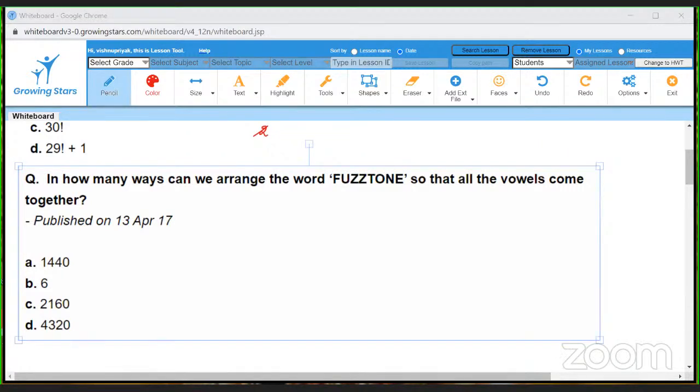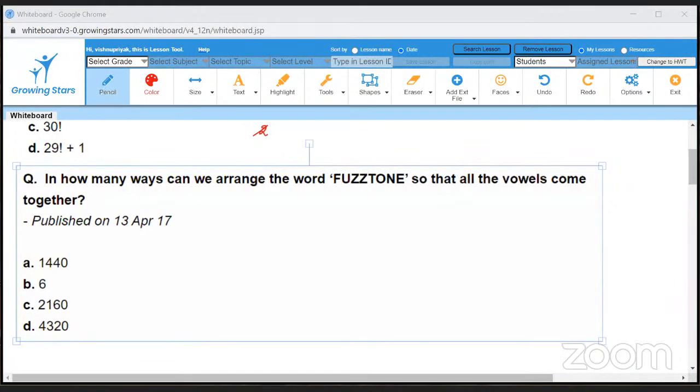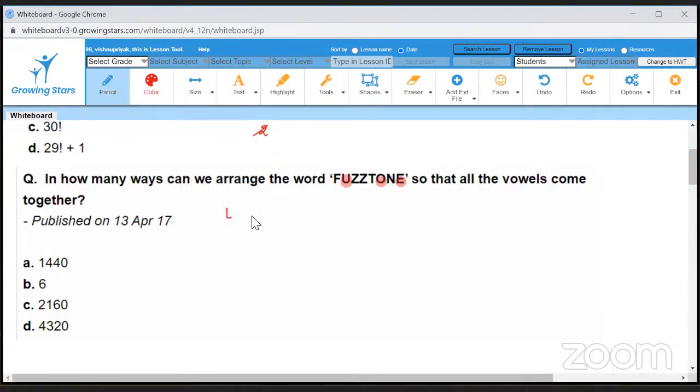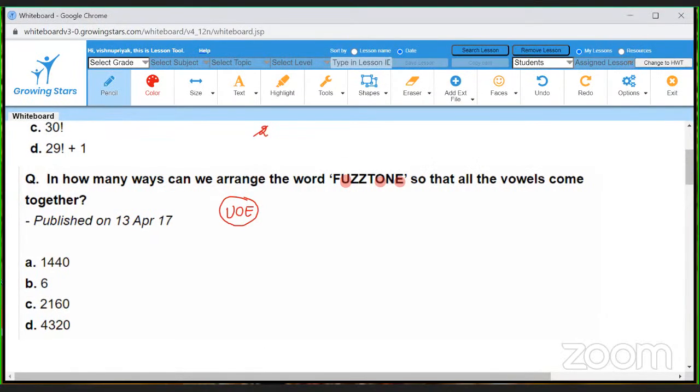In how many ways can we arrange the word FUZZTONE so that all the vowels come together? So first of all, we will take the vowels. The vowels in this word are U, O, E. 3 vowels are there. They all come together. Bundle them, make them as one letter.